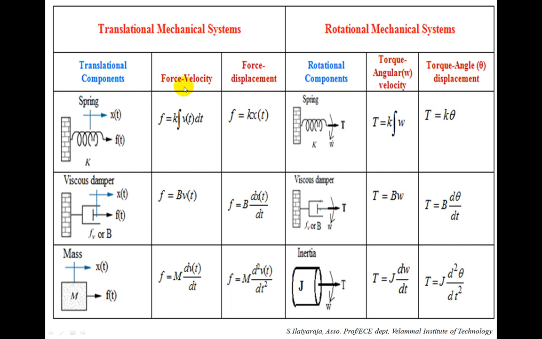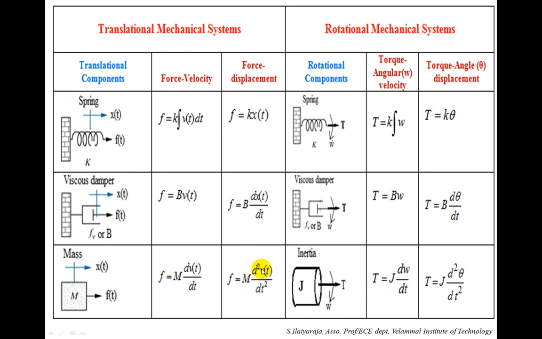When you write the force-velocity equations, it is F = K integral of v(t) dt for the spring, in the viscous damper F = B v(t), and in mass F = m dv/dt. In terms of displacement, F = Kx, F = B dx/dt, F = m d²x/dt².